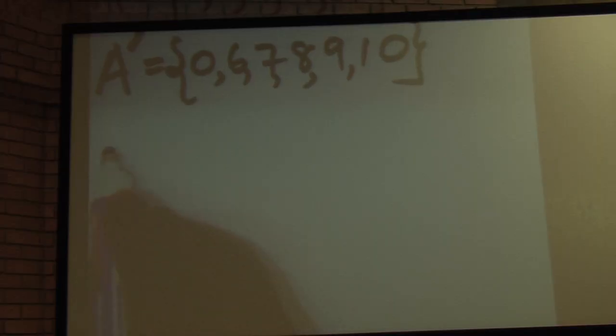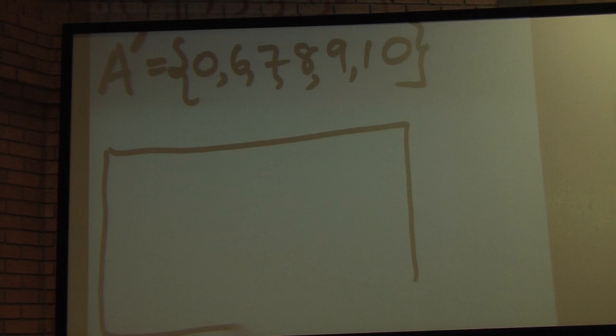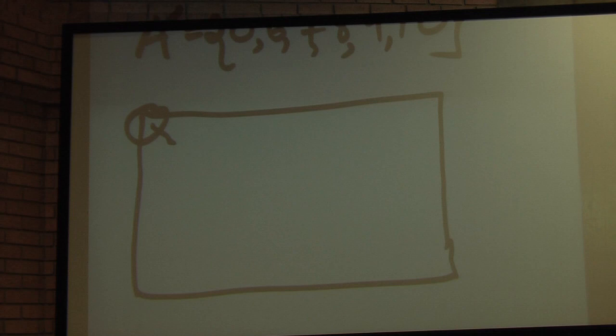A Venn diagram is drawn like this, and the rectangle itself represents the universal set, which would be our Q.